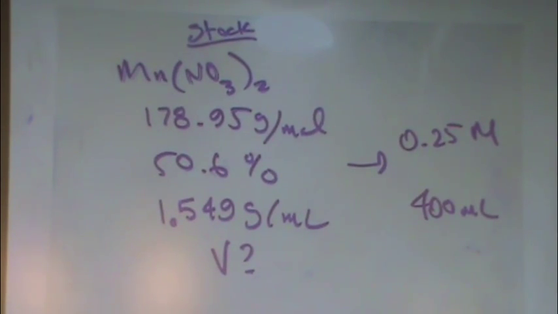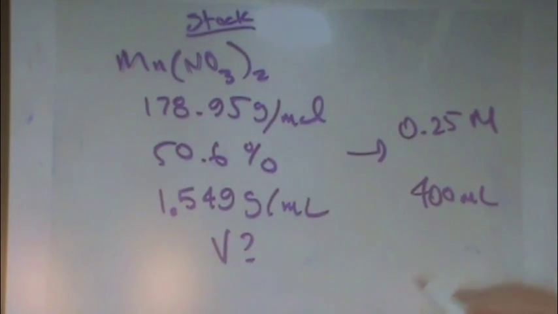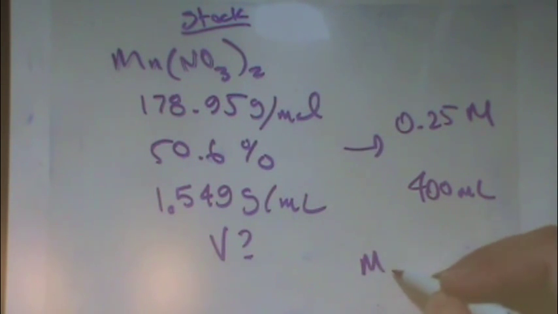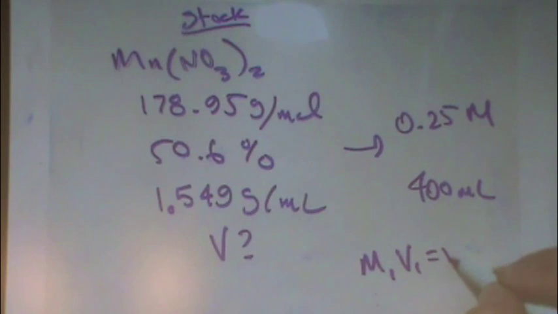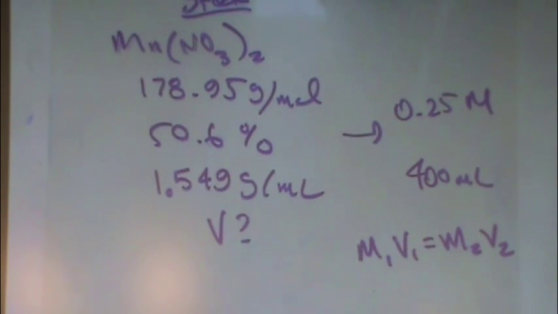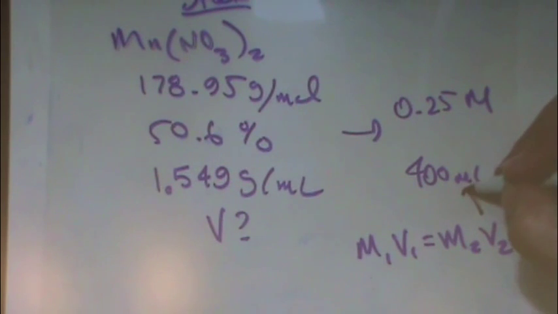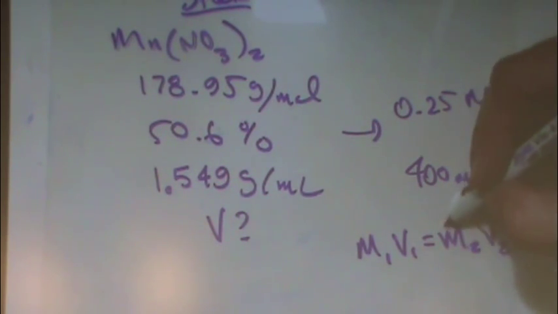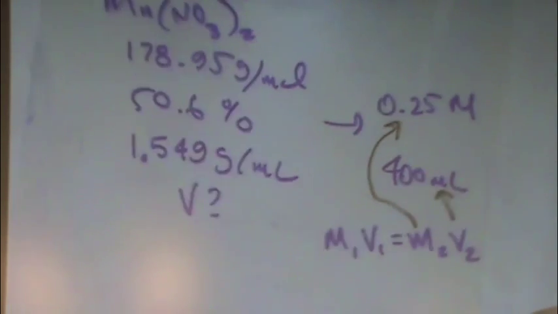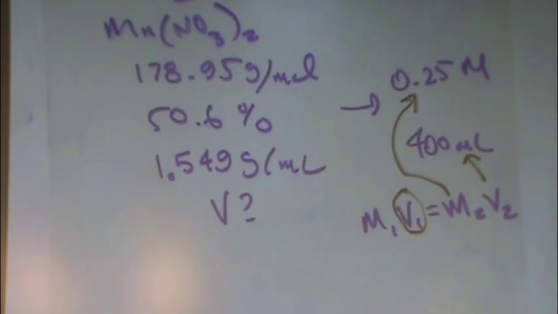So here's why it's a combo problem. If I write out, you see it kind of looks like a dilution a little bit. M1V1 equals M2V2. Let's get a different color pen now. Here's V2 right there. That's the final volume. Here's the other molarity. V1 is what I want.